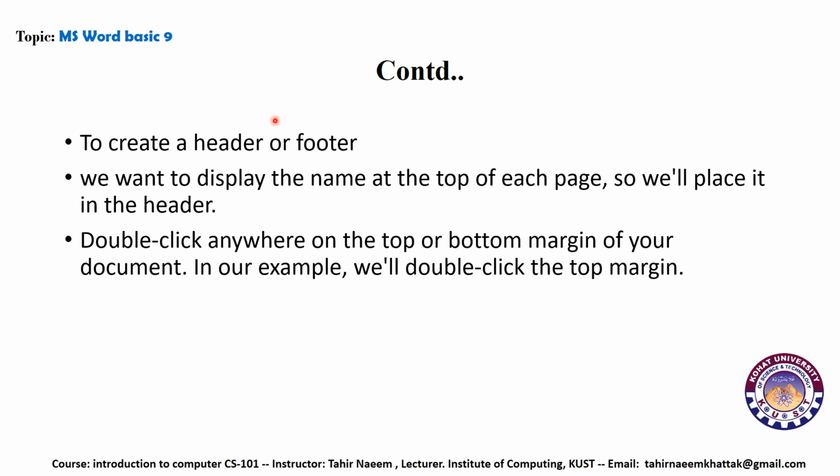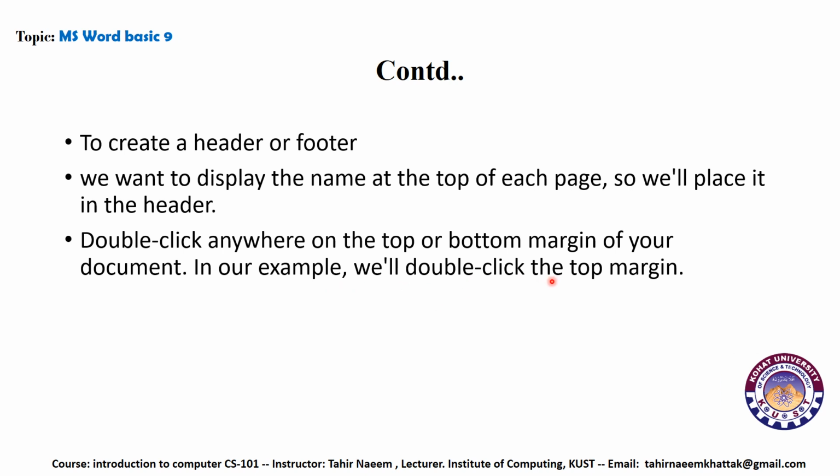So if we want to insert some text in the header, we have to double click directly on the top margin, and the header will open up. While if you want to insert text in the footer, then we have to double click at the bottom of the page and the footer will open up.